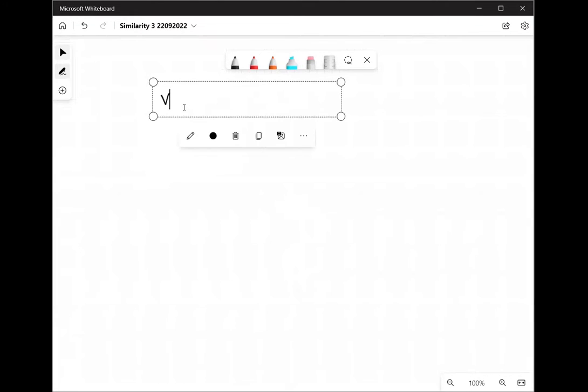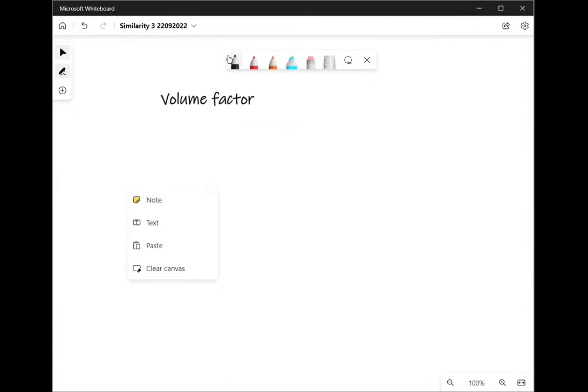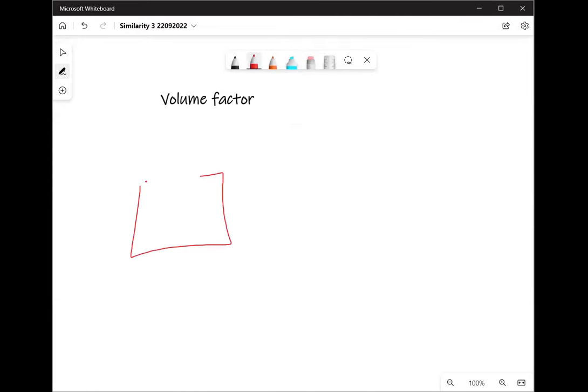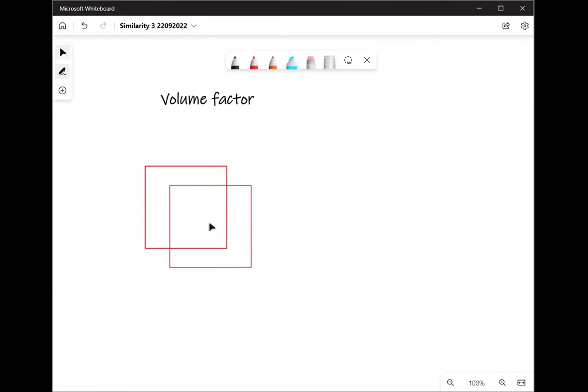Now let's do something else, which is volume factor. How do I do volume factor? For this, I'll need a shape, especially. So let's make up a cube, perhaps.